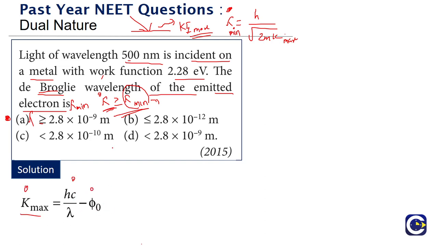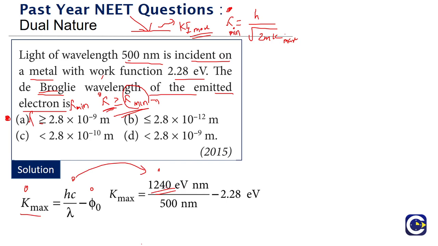Here, the hc value we can take as 1240 eV nanometer. This is a simplification we use whenever we convert hc by lambda into electron volts.